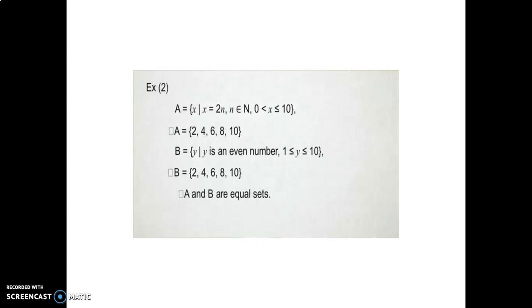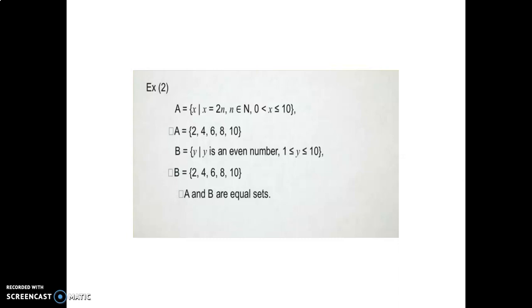See the next example. A equals {x such that x equals 2n, where n belongs to natural numbers, x is greater than 0 and x is less than or equal to 10}. While writing in listing method, you'll write it as 2, 4, 6, 8, 10. That is, instead of the value n, you'll write numbers 1.